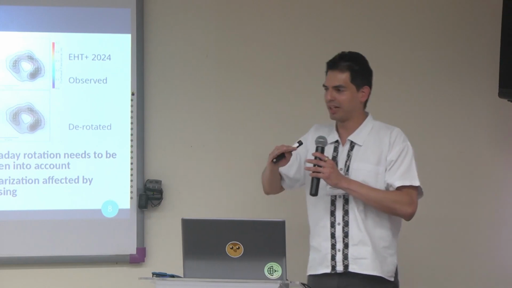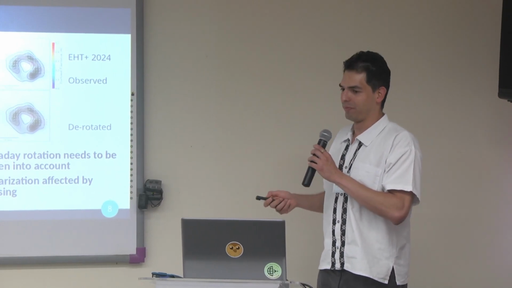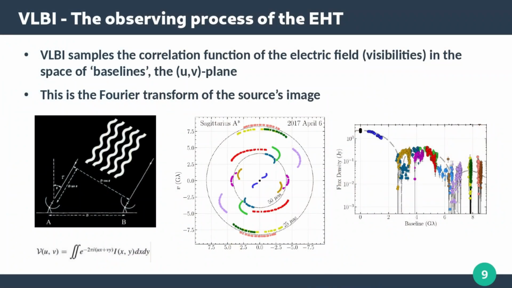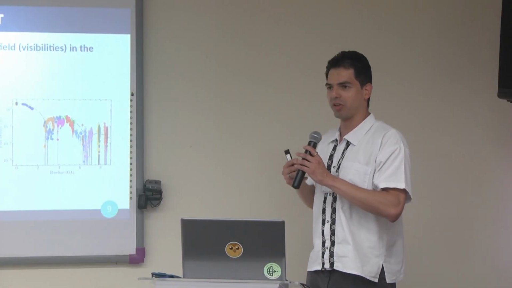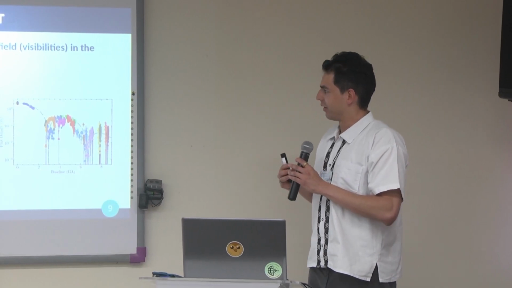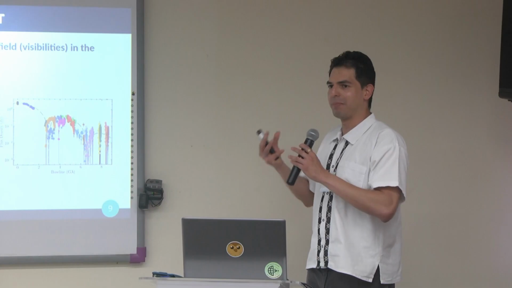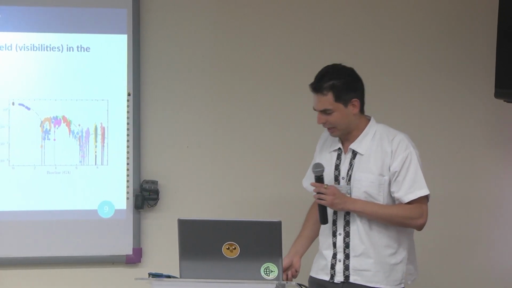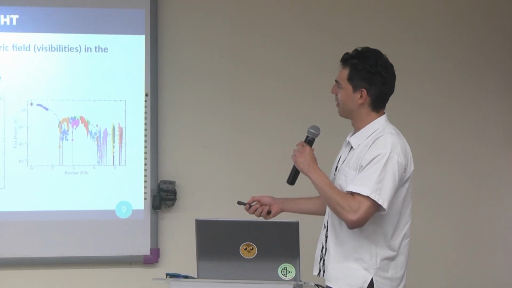But there is one additional layer, which is how this radiation is finally received by telescopes on Earth, how it is sampled, and how this is then used to build an image. So I will go very briefly over it.